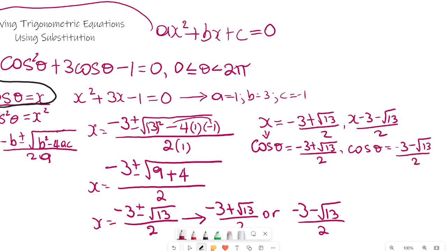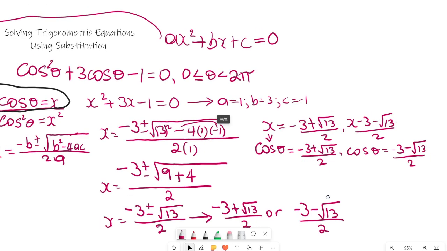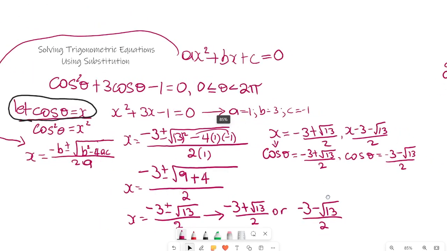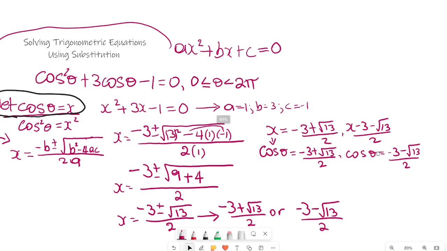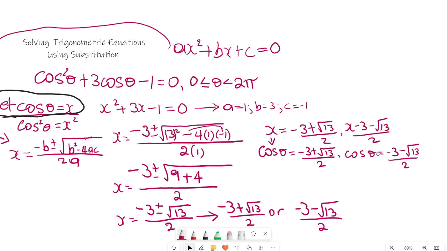Now, at this point, there's a trick that we use. If you're solving for your angle theta, the trick that we would use is the inverse. You'll take the inverse of both sides. You can write it like this if you'd like.